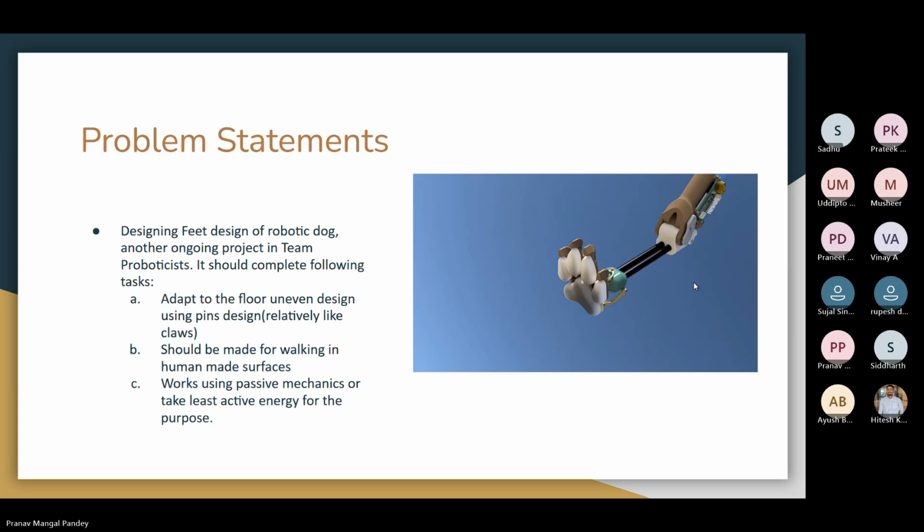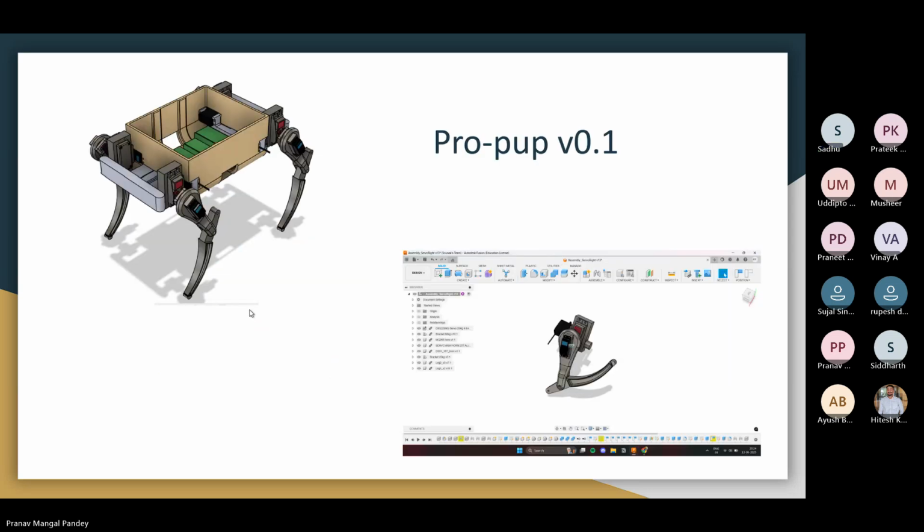So now what can be the problem that may come in our design for the dog to stand up, or any kind of problem with the dog while it's moving on terrain? One point can be that due to the shape, the surface area of contact is very less.